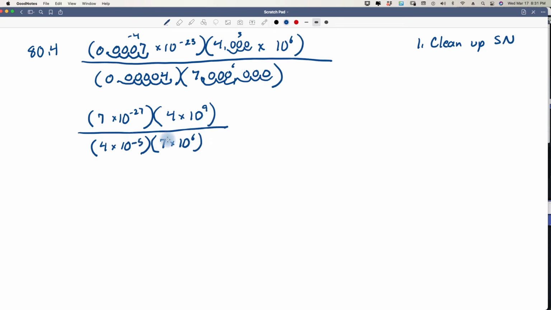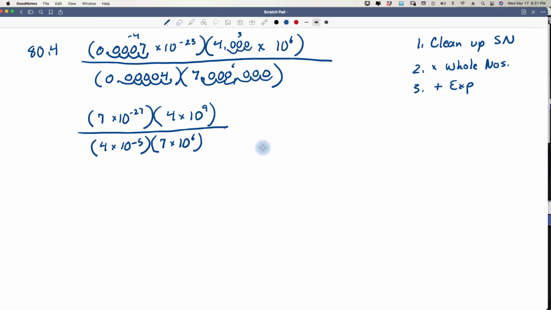All right, so now we can multiply. Now that we've got everything cleaned up, we can multiply. So we multiply whole numbers, and then we multiply our exponents, which actually is adding.